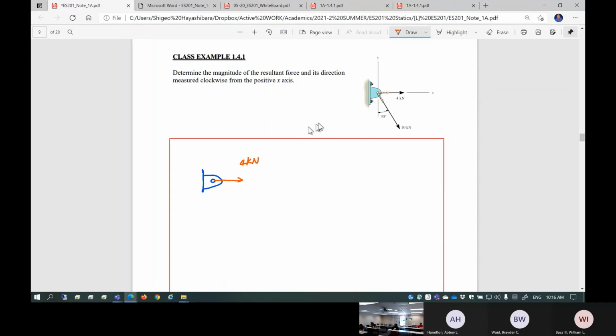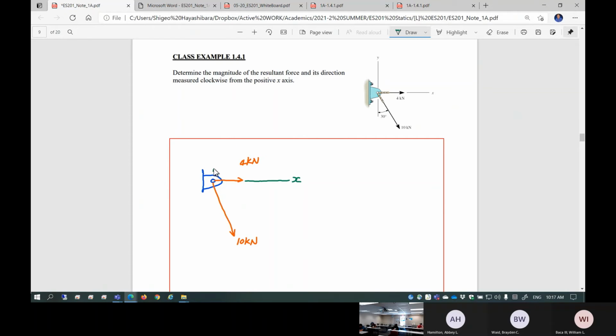4 kilonewton. And then looks like 10 kilonewton force in 30 degrees from vertical direction. Very difficult to draw a straight line. So this is 10 kilonewton. All right. And then, of course, you are going to be given a coordinate, which is this a coordinate direction x.